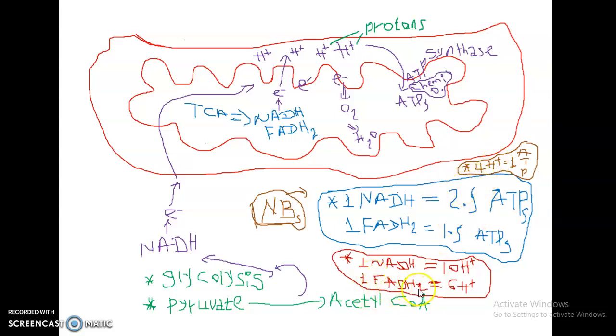And one FADH2 molecule can pump 6 hydrogen ions. Therefore, 6 divided by 4, because 1 ATP takes 4 hydrogen ions, it will be 1.5. That is the concept behind 1 NADH being equal to 2.5 ATPs and 1 FADH2 being equal to 1.5 ATPs.